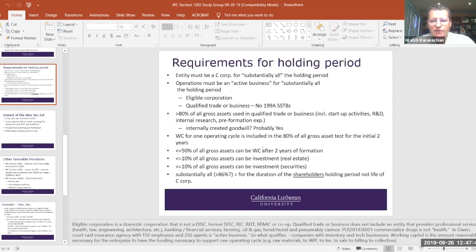Yes, let me clarify a couple of points. The working capital cannot be too high of an amount. Correct. Number one.